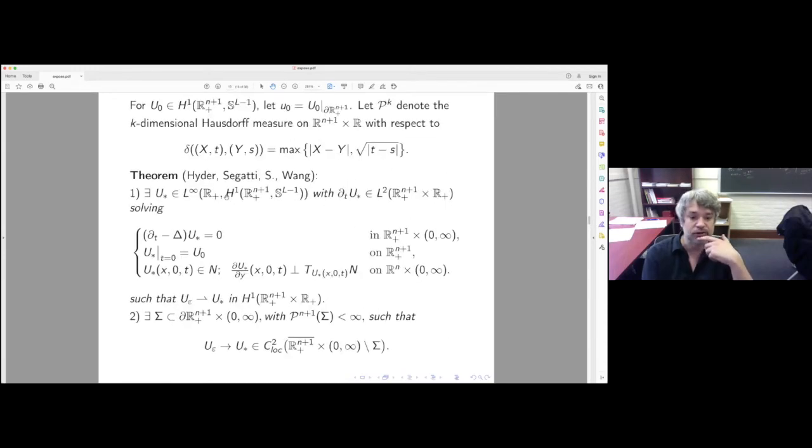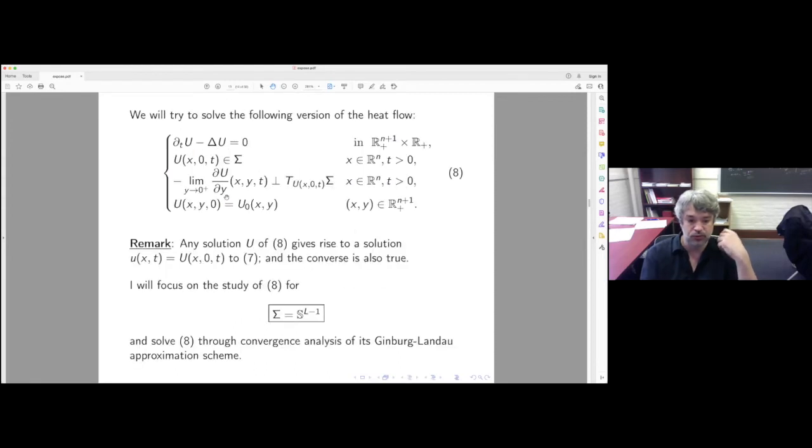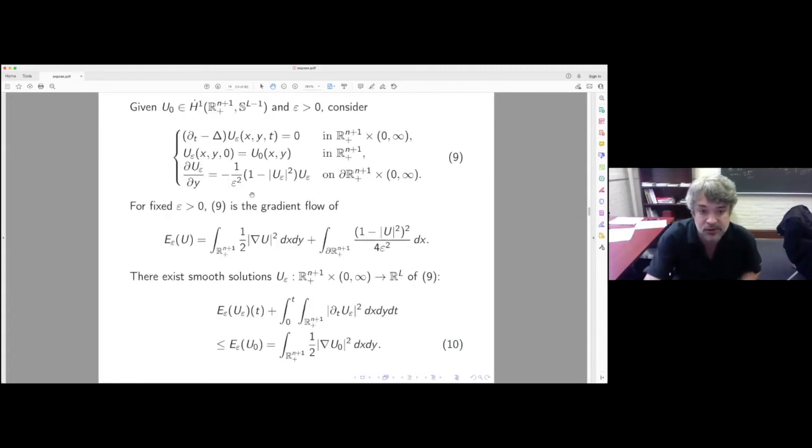So basically now what we would like to prove is, one way to construct a weak solution, and what I would call a weak solution is a solution given by a Ginzburg-Landau approximation scheme. So you are penalizing your parabolic problem with the Ginzburg-Landau potential.